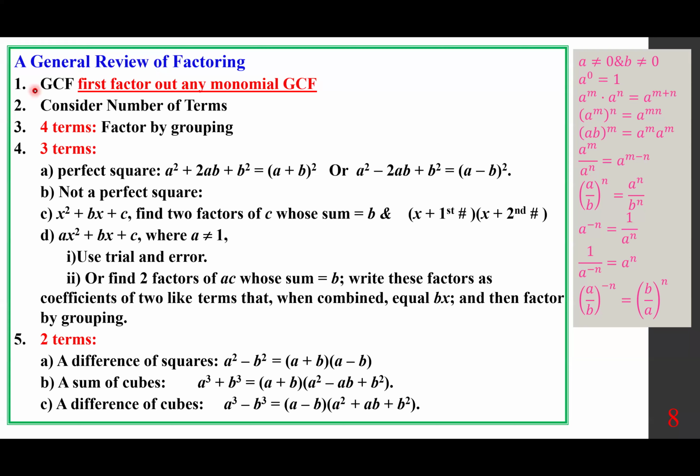The very first step is to get the GCF, the greatest common factor, so any monomial, that means one term. That's the first step in any factoring. Number two, consider the number of terms. Depending on how many terms we have, we move accordingly.